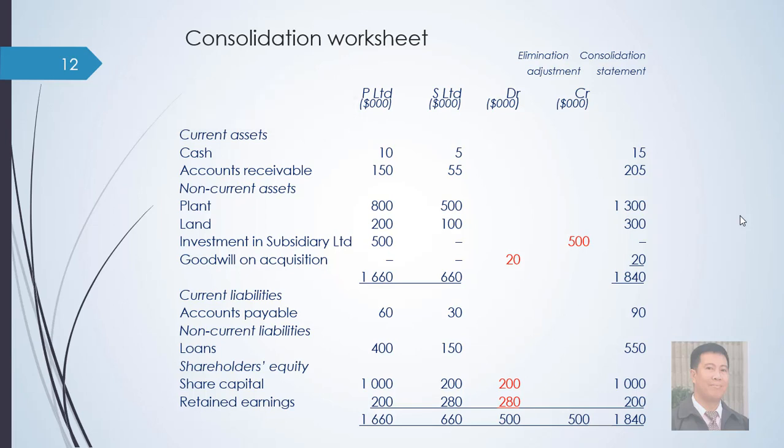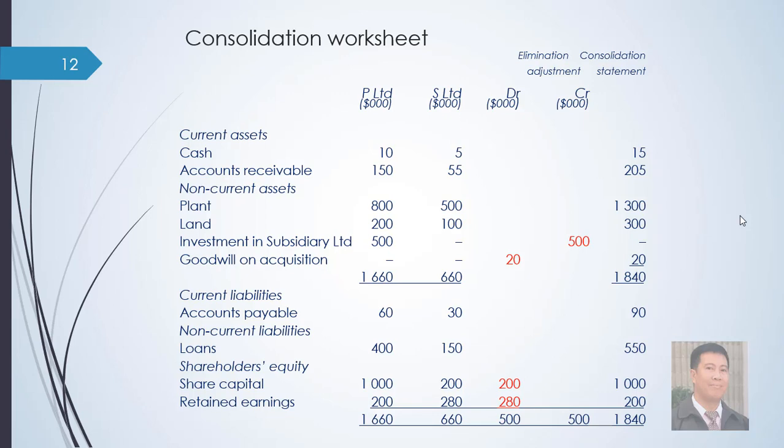Then we will see current liabilities down below. We have accounts payable of 60 for the parent and 30 for the subsidiary. Both are on the credit side, so if you add these items, you will have 90, and so on. When it comes to share capital, all amounts I'm mentioning are in thousands of dollars. Here we have the parent's amount, and then the subsidiary's 200.